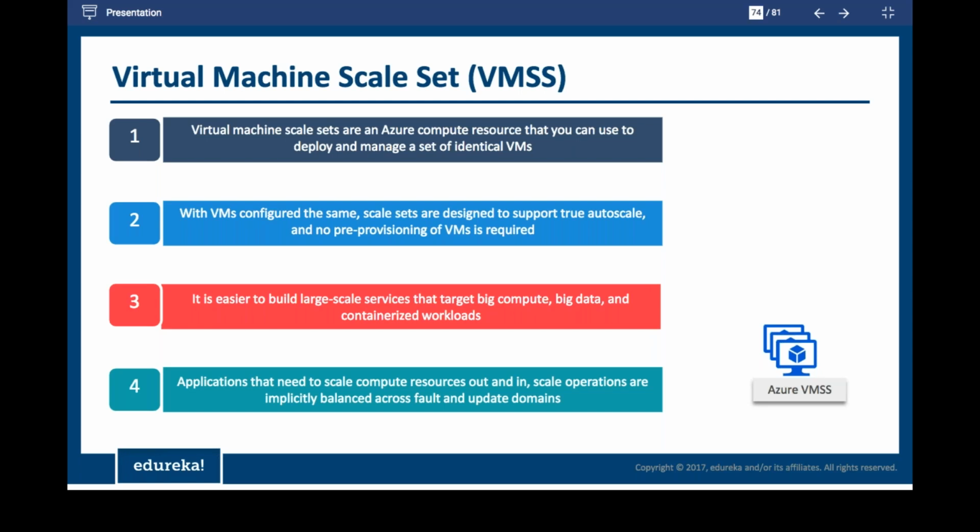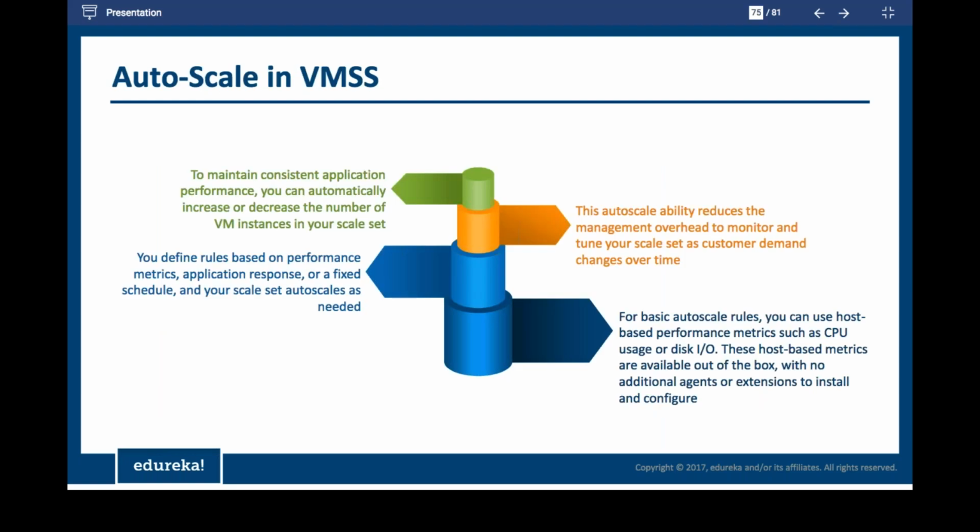The other point here is the scale out and scale in operation, which can be performed automatically, and you can use the same availability set for all the scale out and scale in virtual machines. So your autoscale in a virtual machine scale set can either increase the number of instances or decrease the number of instances as per the configuration you set.